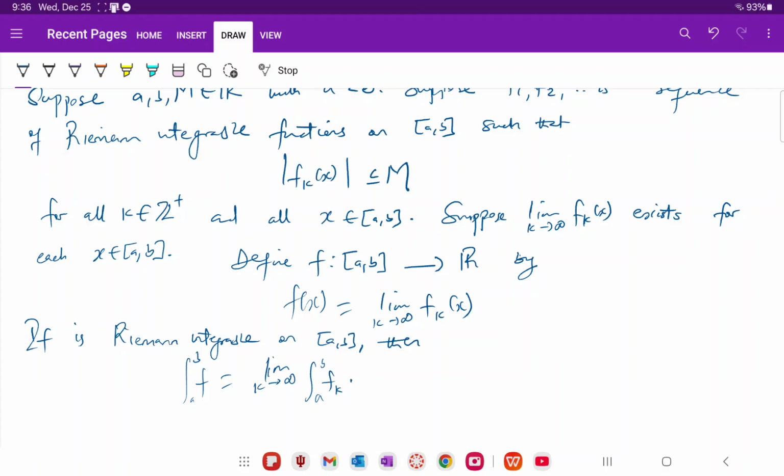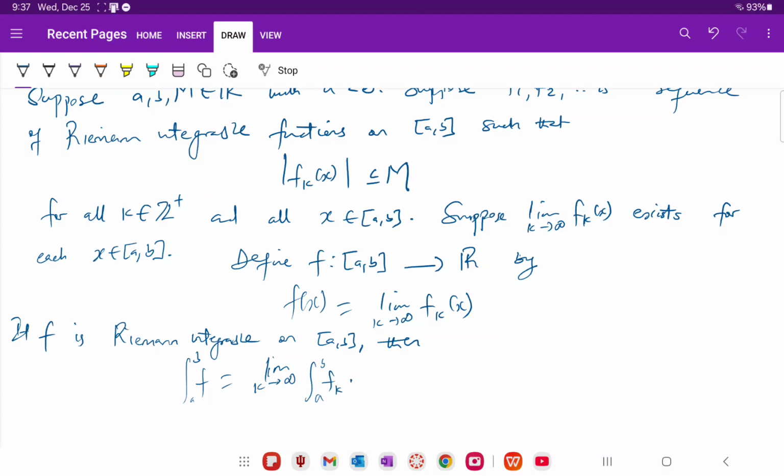However, the result above suffers from two problems, and the first problem is the undesirable hypothesis that the limit function f is Riemann integrable. So the pointwise limit function has to be Riemann integrable, and the sequence of functions has to be Riemann integrable.